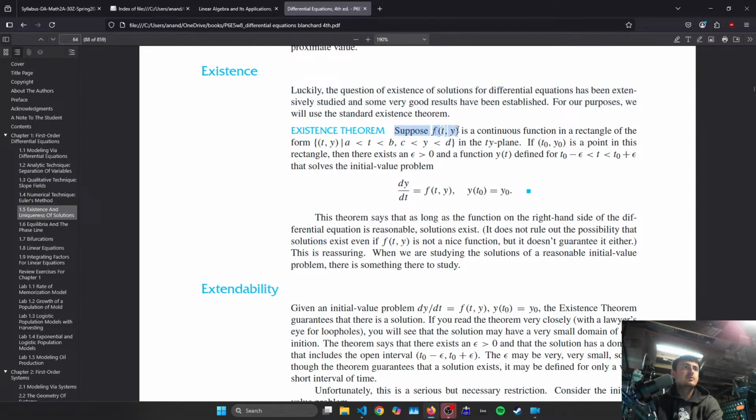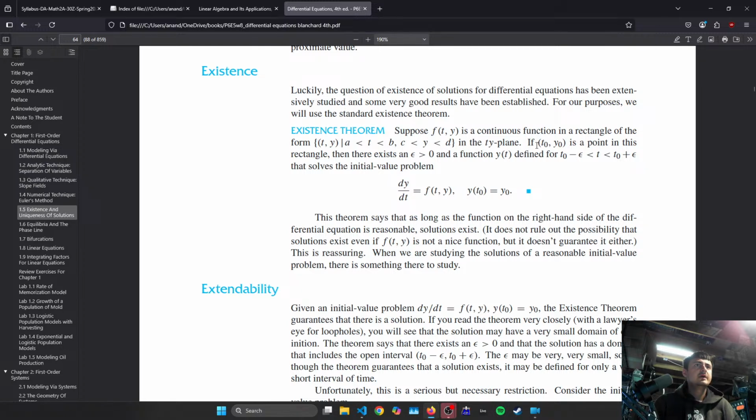Suppose f(t, y) is a continuous function in a rectangle of the form (t, y), where a < t < b and c < y < d.